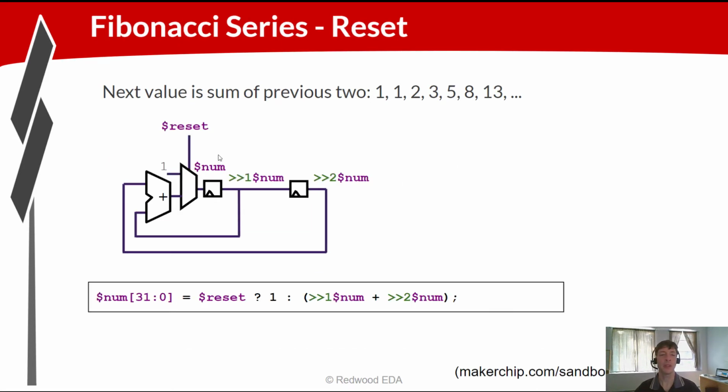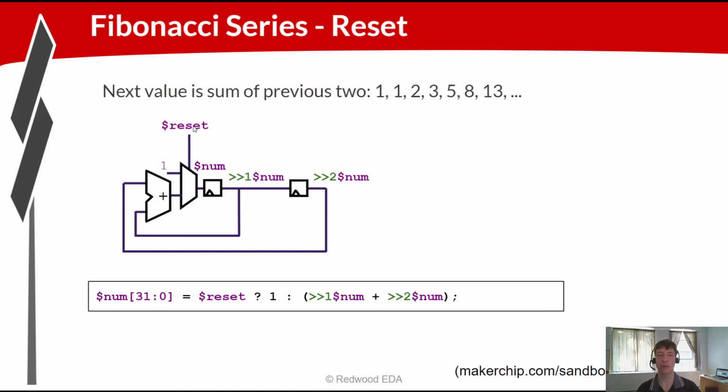So here I'm adding in the reset to the circuit. The reset can go directly into the flip-flop. Here I'm showing it a little bit more explicitly, controlling what we assign that flip-flop to. So when we reset the circuit, we're going to use that reset period. So reset is going to assert for a long period of time and then deassert for the circuit to operate. Often you'll see a negatively asserted reset. Here I'm just using reset positively asserted.